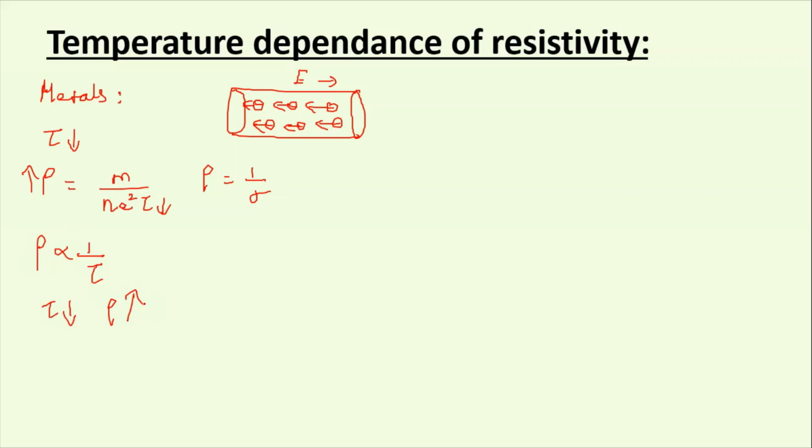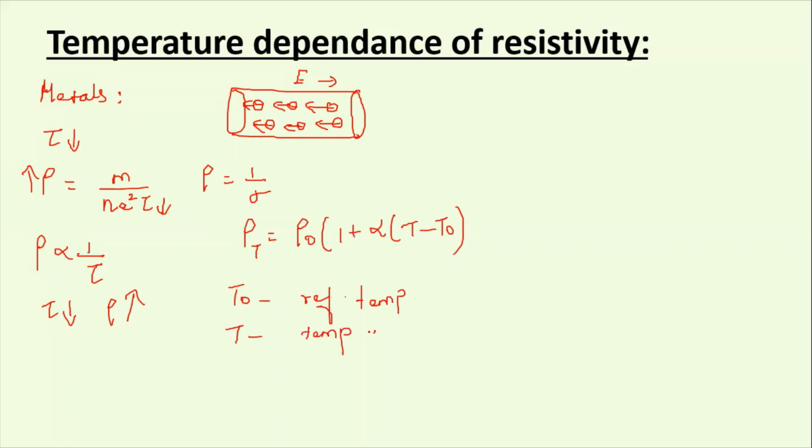So the resistivity at any temperature can be given by the relation rho T is equal to rho naught into 1 plus alpha into T minus T naught. This T naught is the reference temperature and T is the temperature at which you are measuring the resistivity.